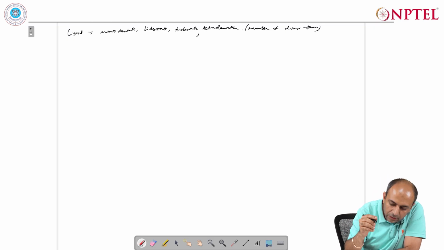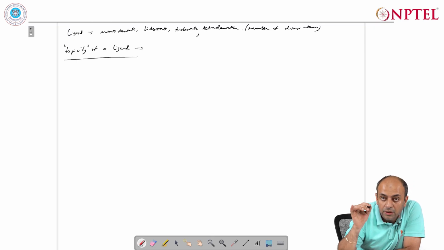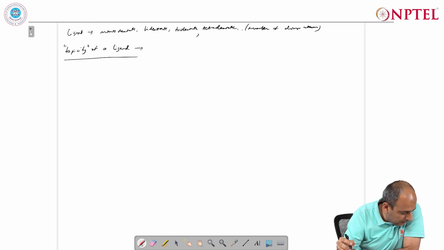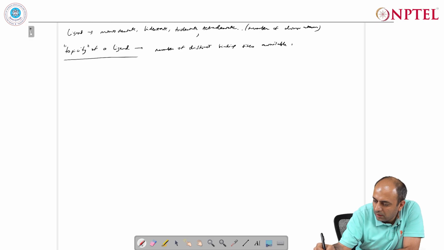But here we refer to a new term, the topicity of a ligand, which is the number of distinct binding sites available in a ligand.